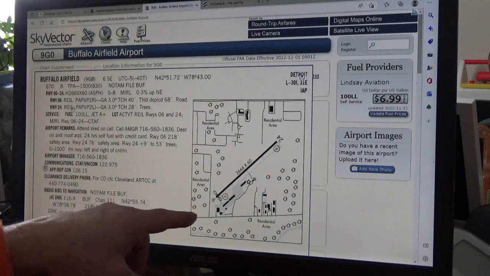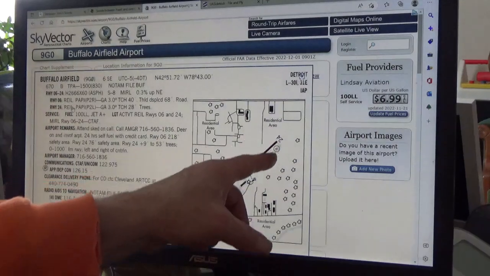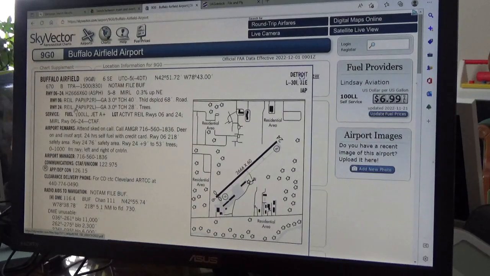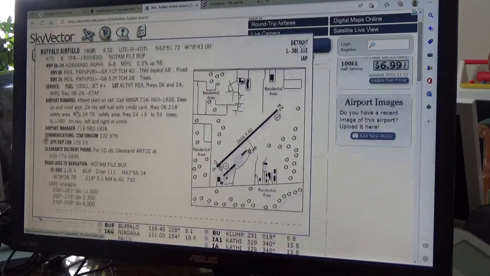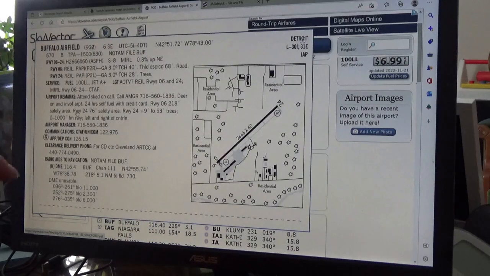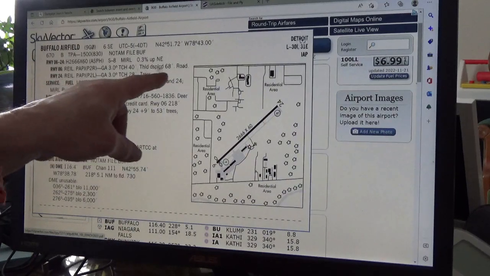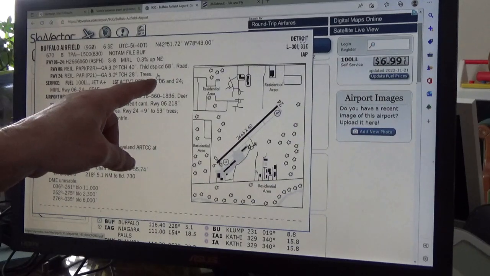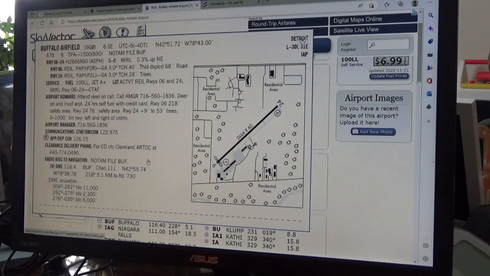Okay, so our runways are 6 and 24. And the traffic patterns are: runway 6, nothing, so it's left. Runway 24, nothing said, so it's left. They're both left.